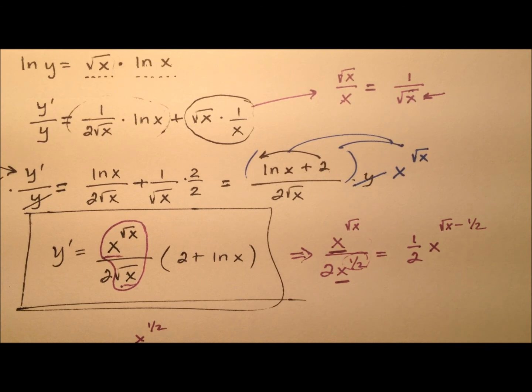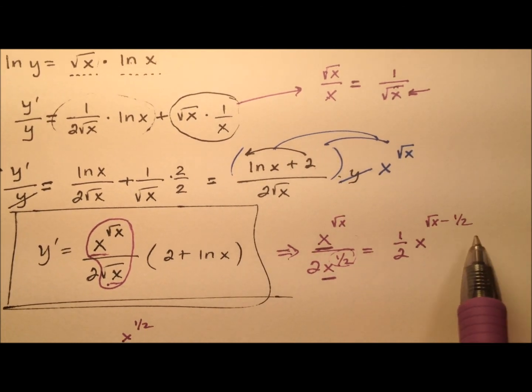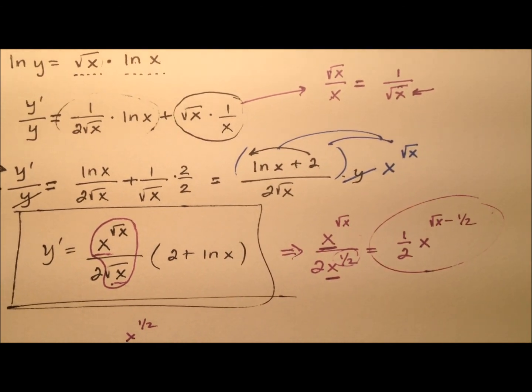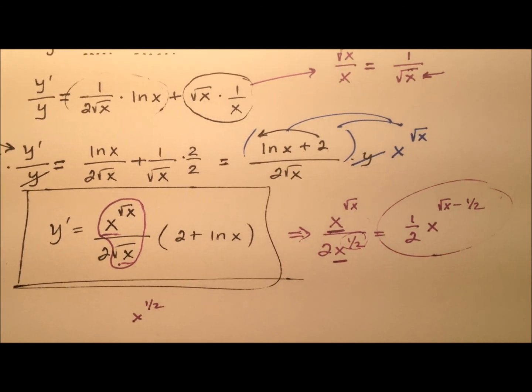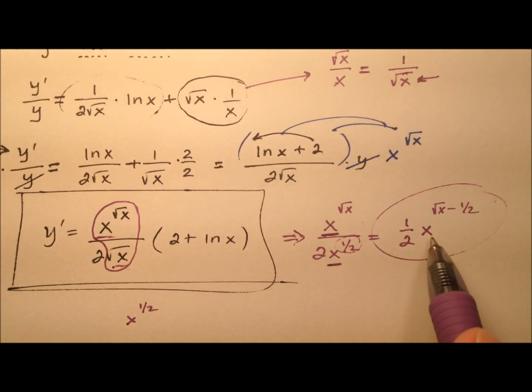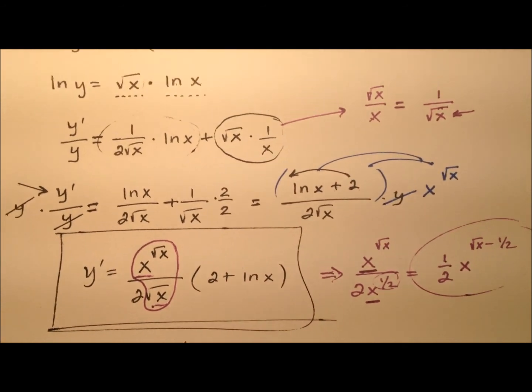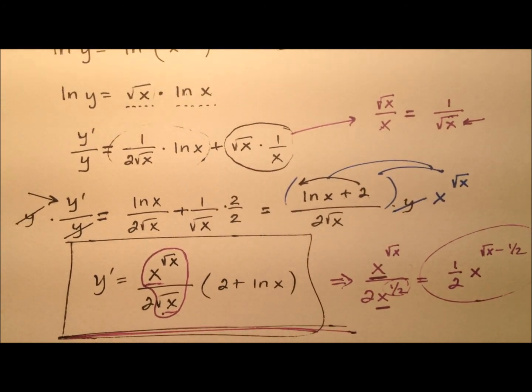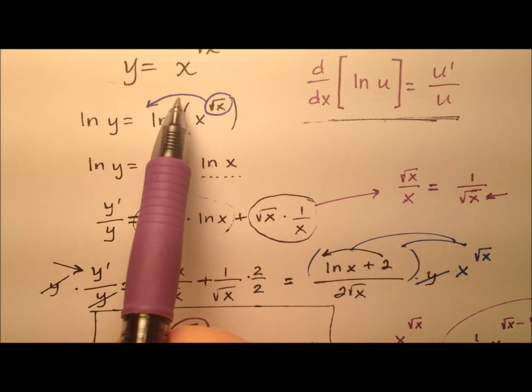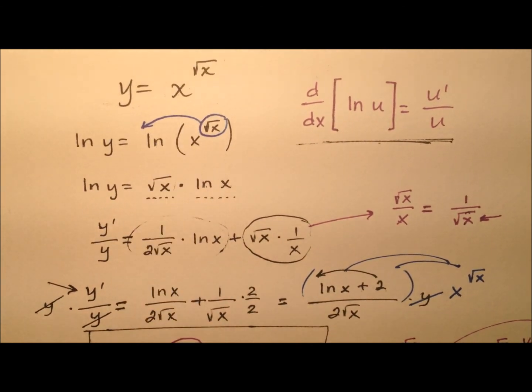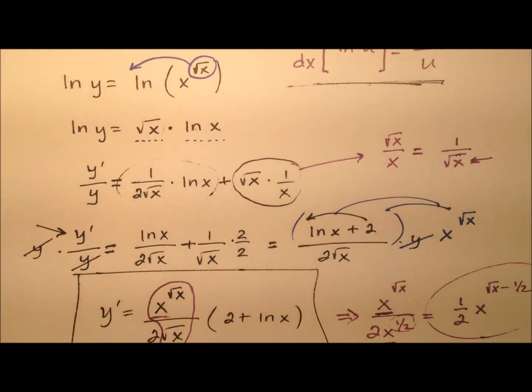And again, this might not look any better. It definitely looks kind of like oof right there, but just something you can do or could consider doing using those power exponent rules there. But anyway, so here would be the derivative of this initial equation, and we found it by using logarithmic differentiation.